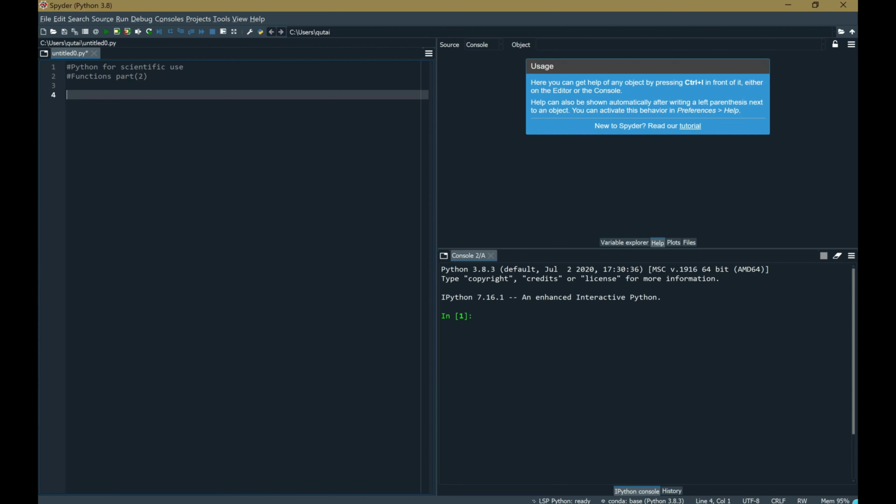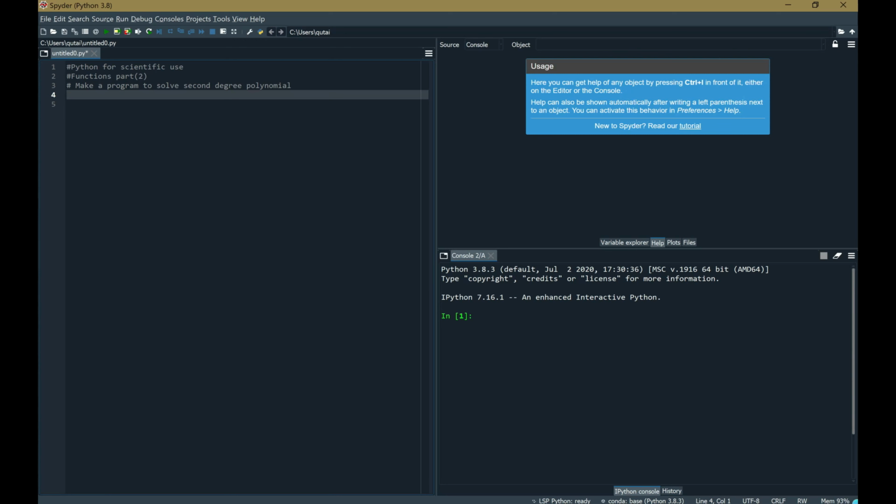Yes, let's start here. First, let's say we want to make a function that will solve a second degree polynomial. So let's start with a question: make a program to solve a second degree polynomial.